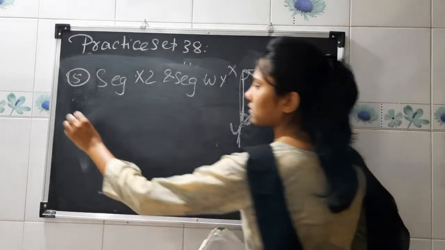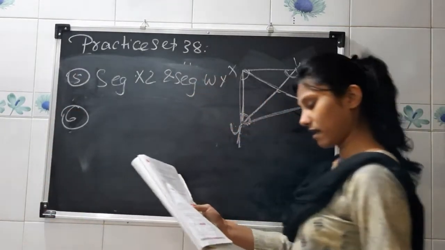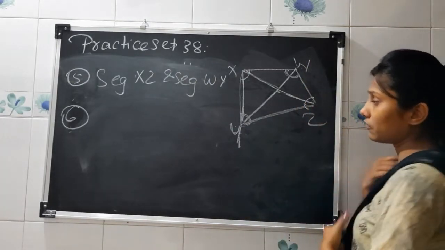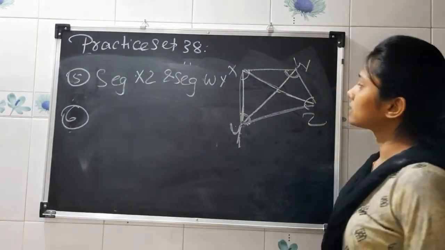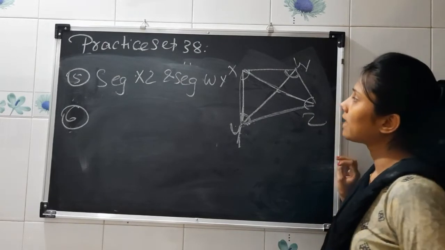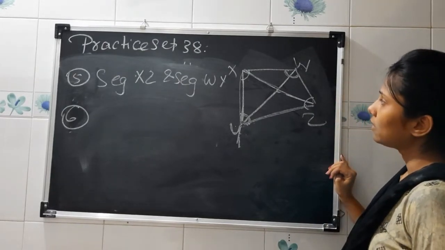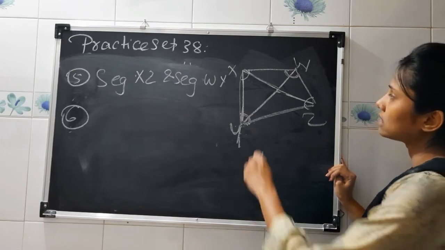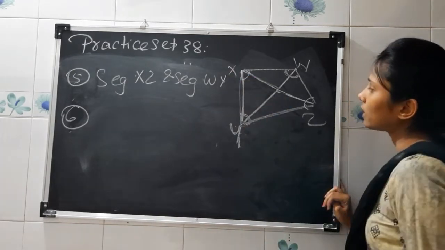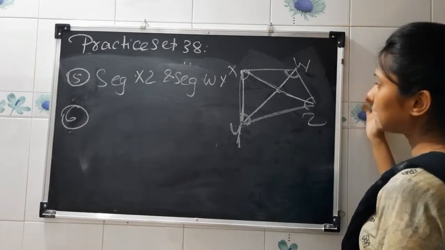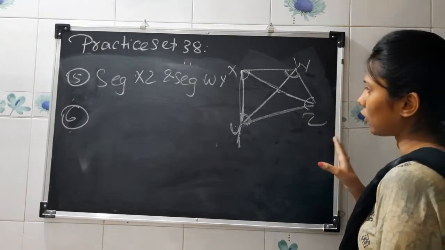Now the last, write the name of the quadrilateral in different ways. In the first lecture I told you that a quadrilateral is a plane figure which moves serially, clockwise or anti-clockwise.